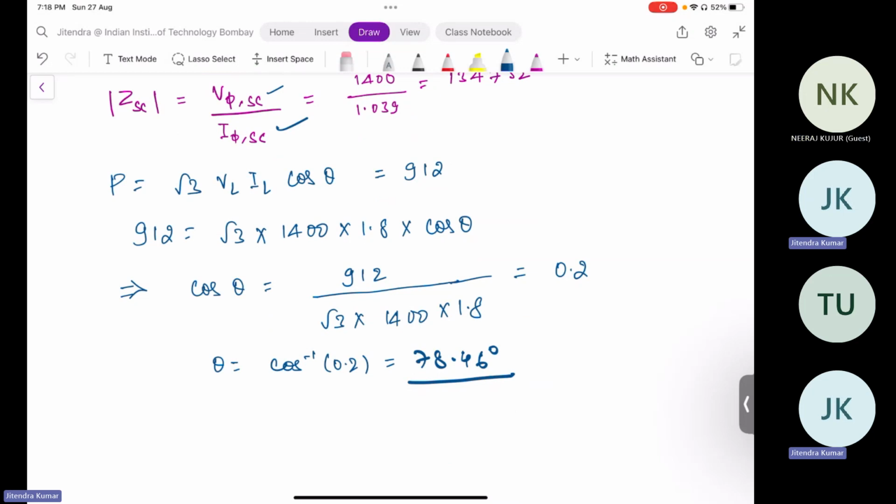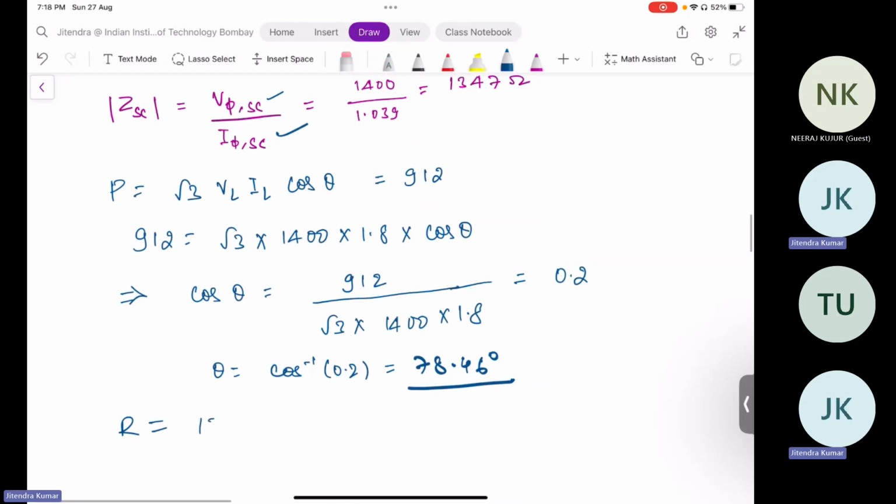So this 78.46 degree is the angle here. So now we can compute R and X. R is nothing but Z cos theta, so 1347 into 0.2.